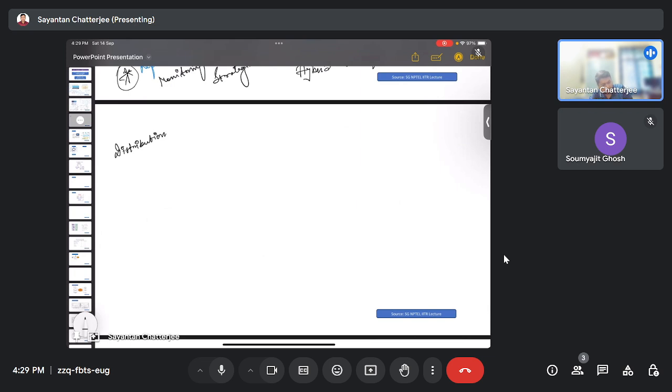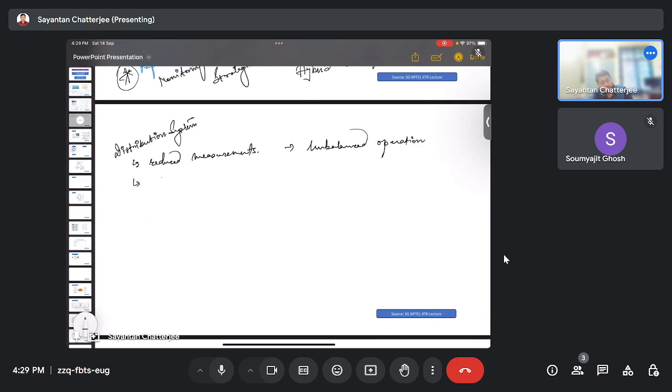In the distribution system, we mostly have reduced measurements. These are the problems: unbalanced operation and reduced measurements.